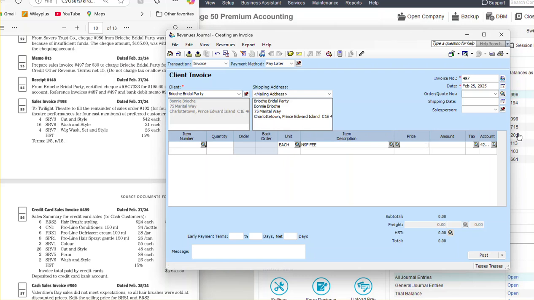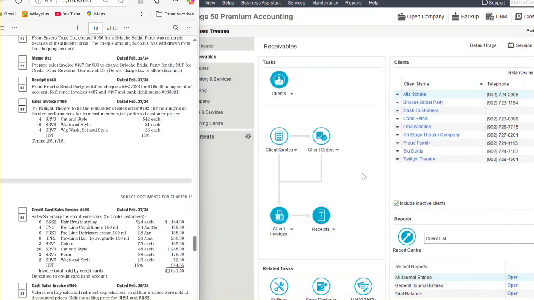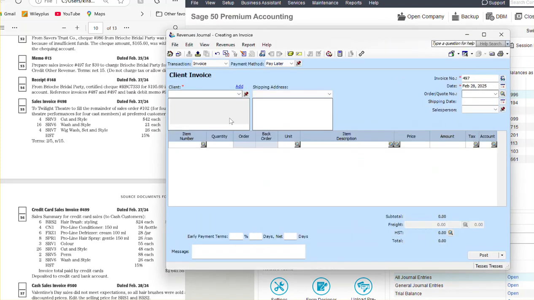My keyboard is gone. I'm going to close one more. I will disregard it. I'm going to go one more time. It's an invoice. It was $30. My keyboard is gone, so sorry.